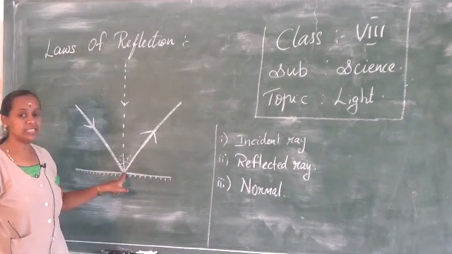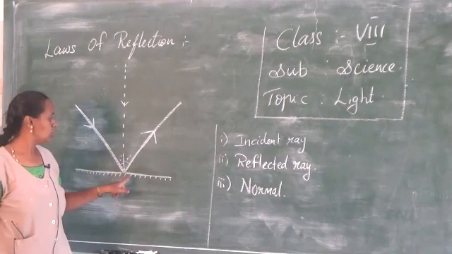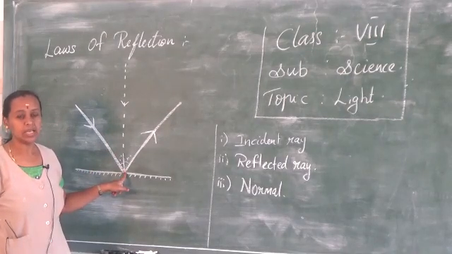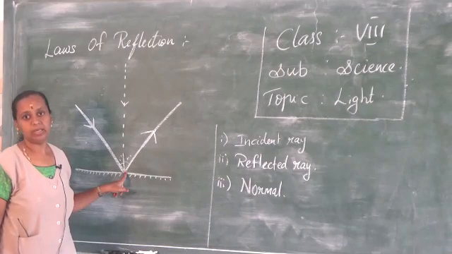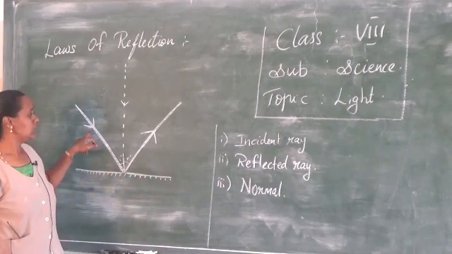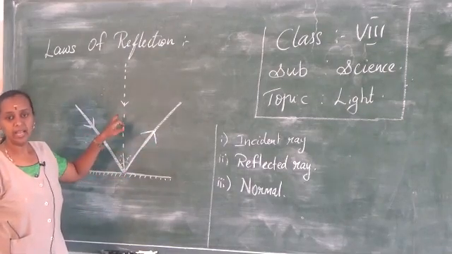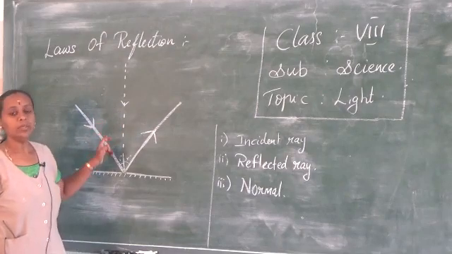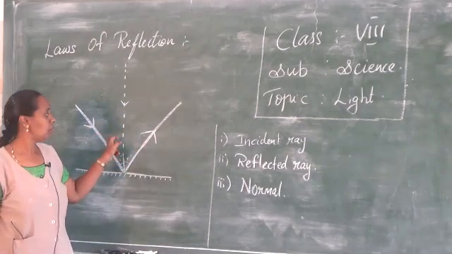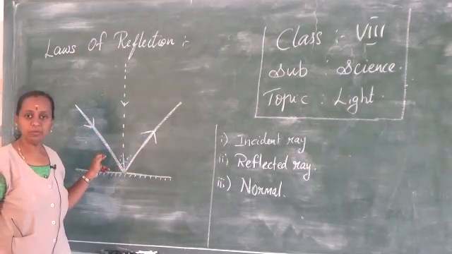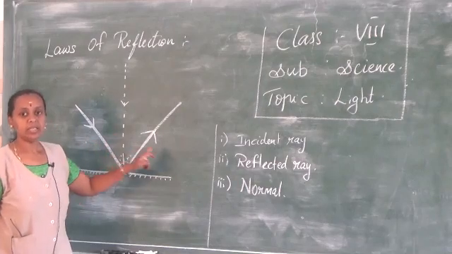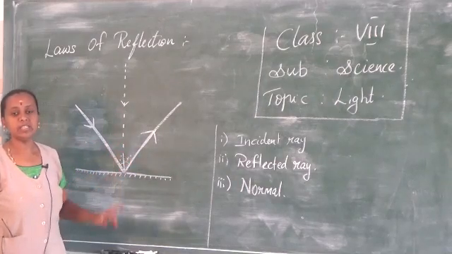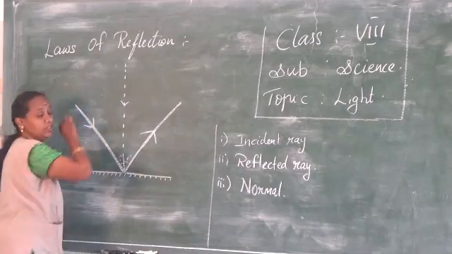The point where the ray falls is called the point of incidence. So here we studied the incident ray, the reflected ray and the normal. The relation between the incident ray, the reflected ray and the normal is given as the laws of reflection.